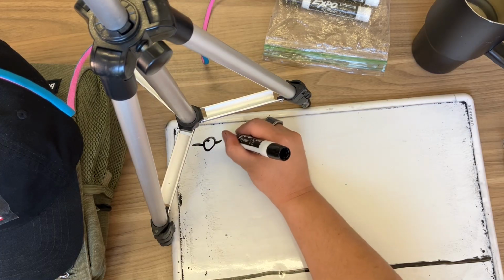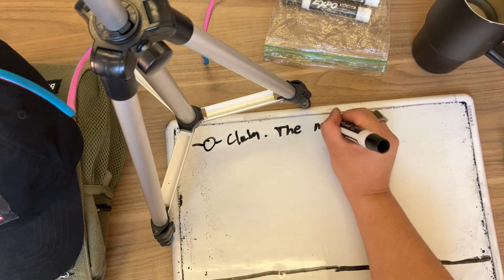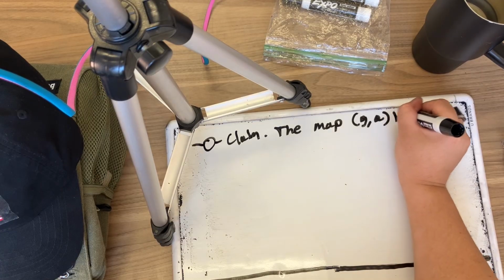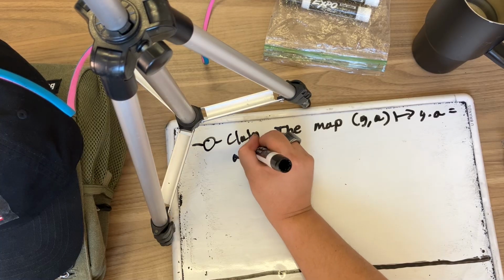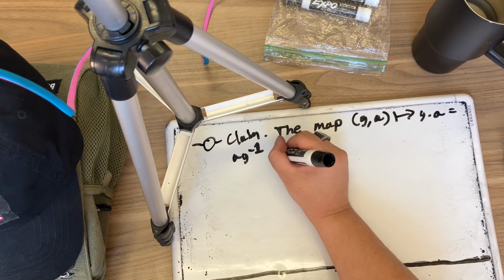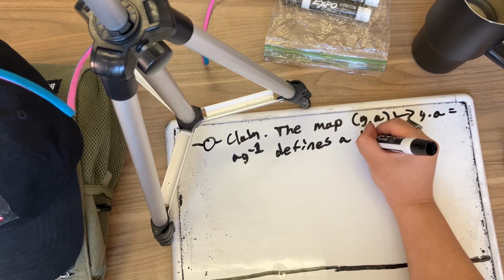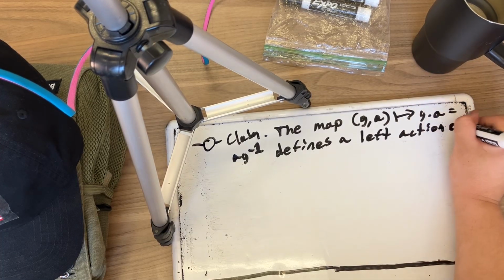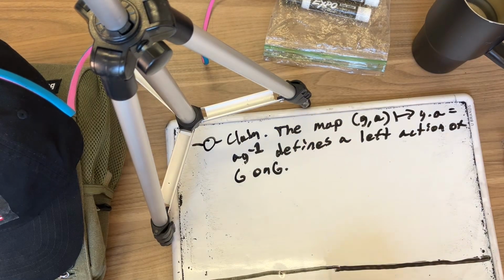So claim, we want to show the map (G, A) to G dot A, which is equal to A G inverse, defines a left action of big G on big G. So let's just start with the identity axiom.